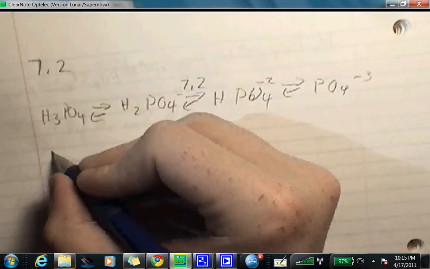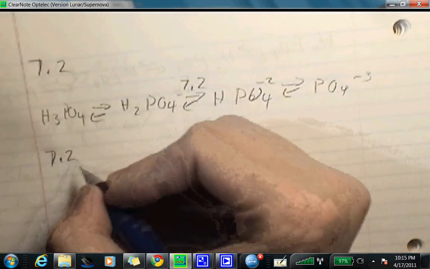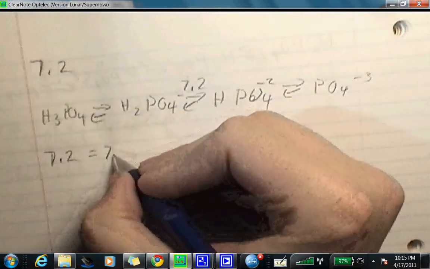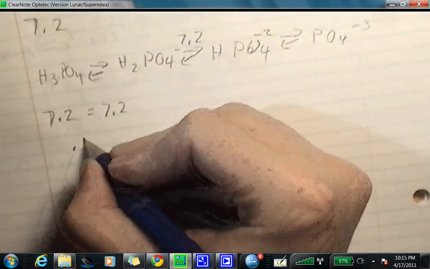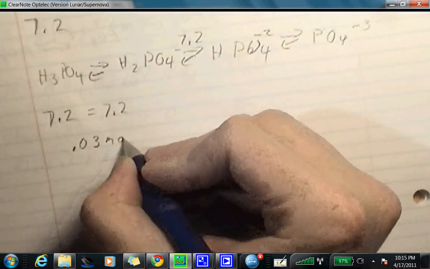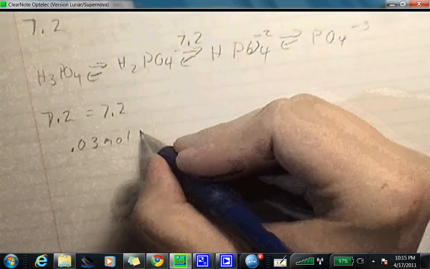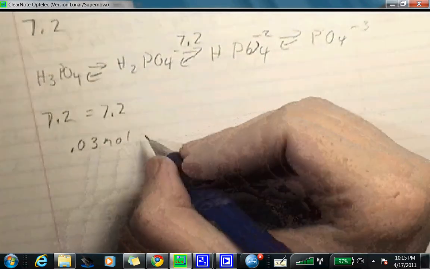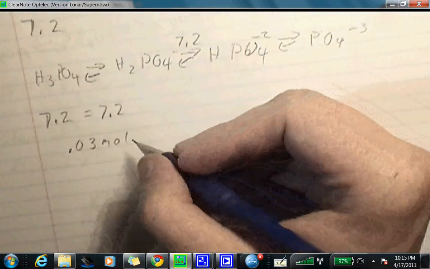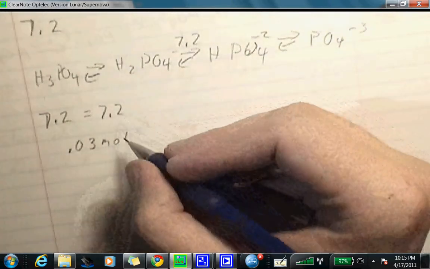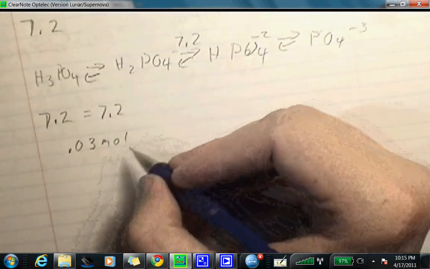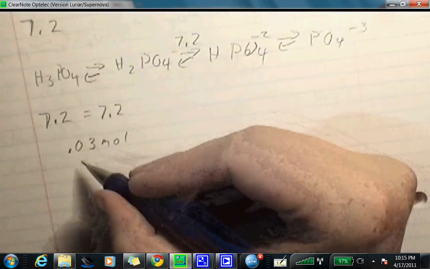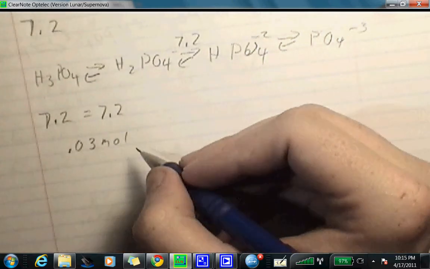So our pH is 7.2. Our pKa is 7.2. So that means that 0.03 moles, and this is moles per liter, which is molarity, but I'm going to assume that the total volume is 1 liter just to make everything simple.